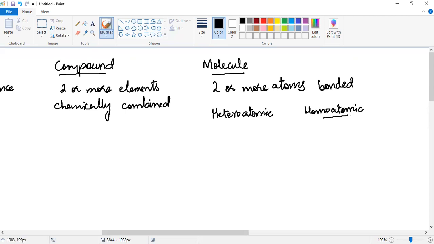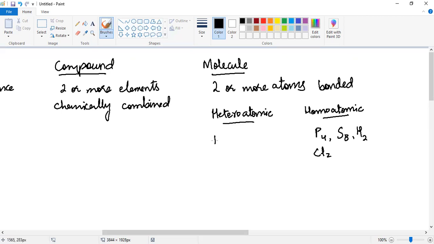Homoatomic will include molecules like P4, where only phosphorus is present, then S8, H2, Cl2. All these contain the same type of atoms and are therefore homoatomic.